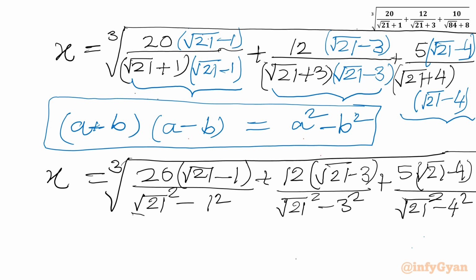Now here we will get denominator 20. Here we will get denominator 21 minus 9, so 12. Here we will get denominator 21 minus 16, so 5.